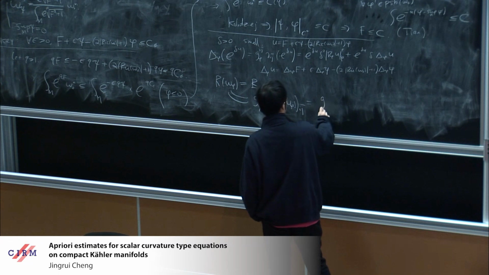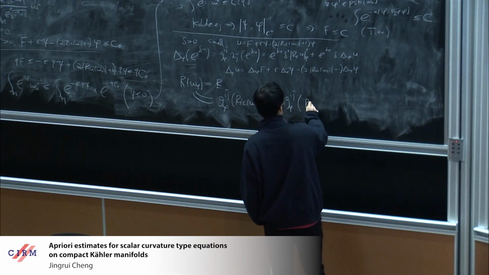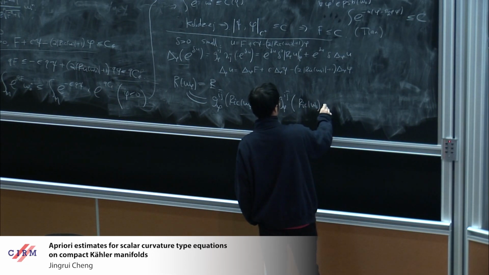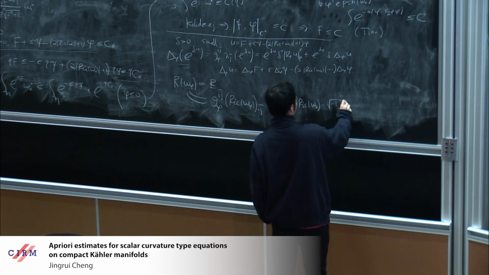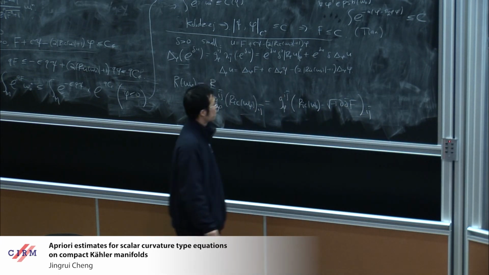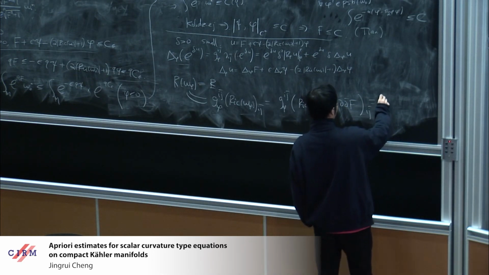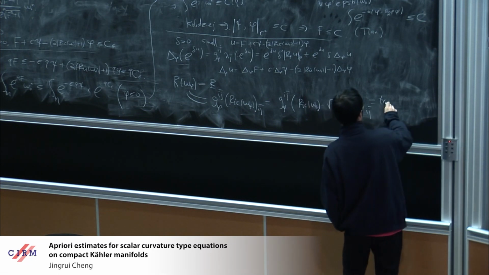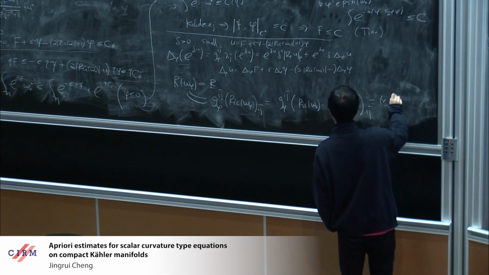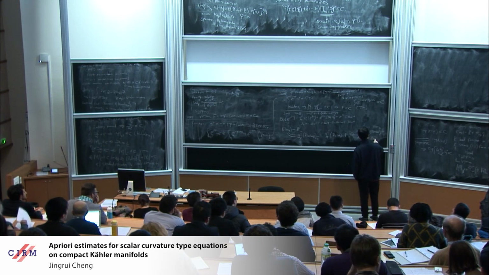So this gives the trace of Ricci omega 0 minus dd bar f, which is the trace with respect to omega phi of Ricci omega 0 minus Laplacian phi of f.